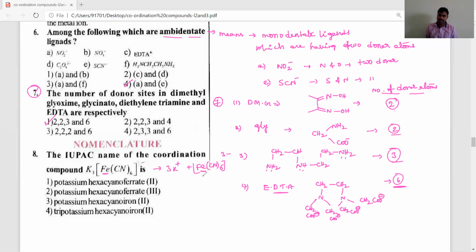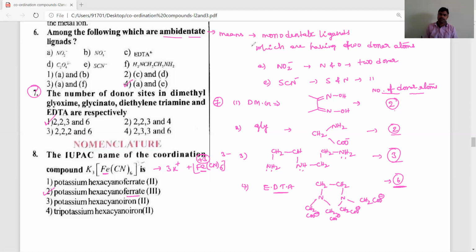Its oxidation number is +3, because potassium's oxidation number is +1 and cyanide ion's is -1. Now the iron oxidation state is +3. Its IUPAC name is potassium hexacyanoferrate(III). The second option is correct.